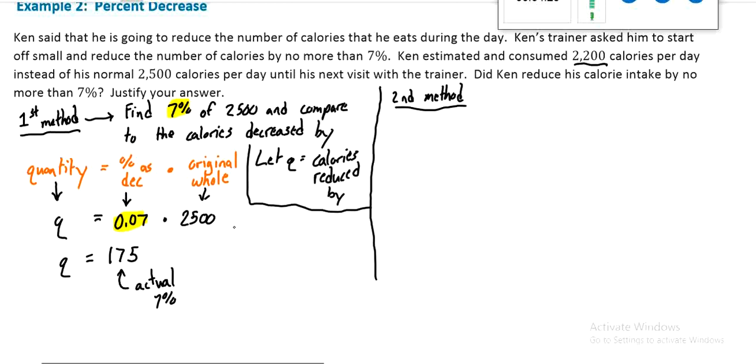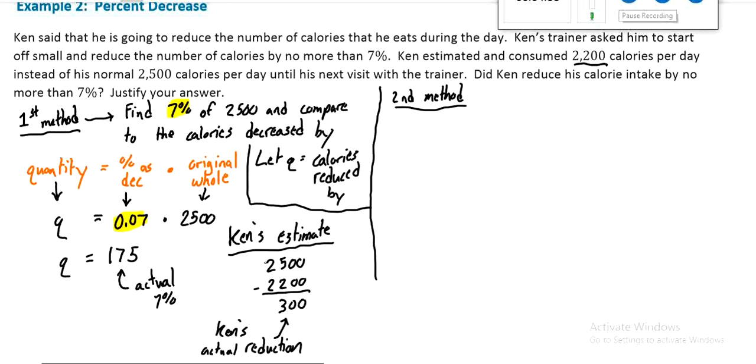Now, Ken's estimate here is that we know that his original diet was 2,500 calories. He went down to 2,200 calories. So that means that he reduced his actual calorie count by 300. So that is Ken's actual reduction.